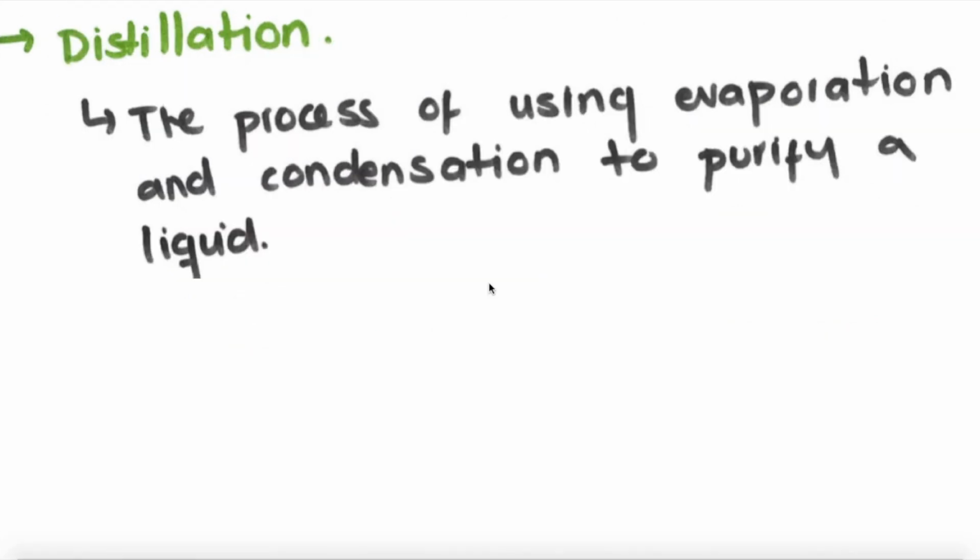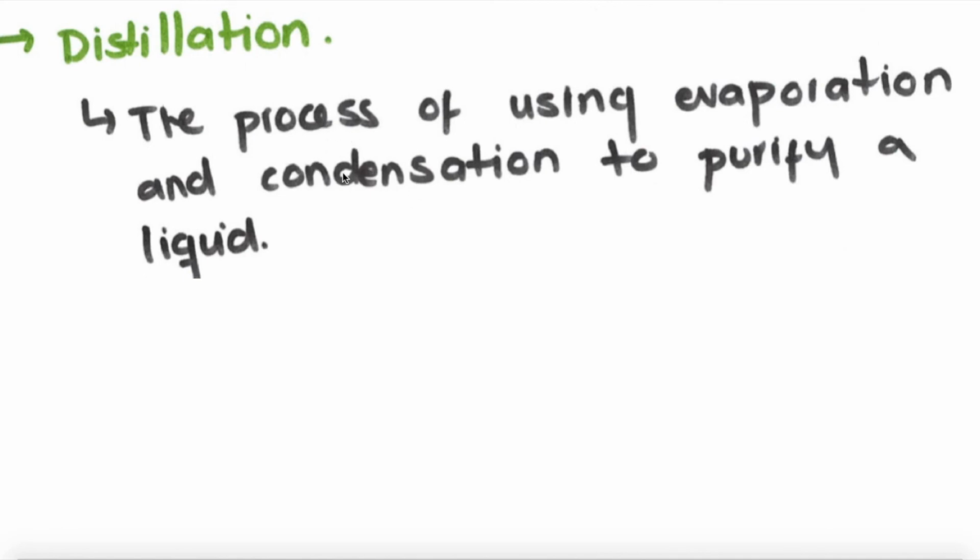The other process that we're going to see today is distillation. Distillation is the process of using evaporation and condensation to purify a liquid. Remember that evaporation is when you have a liquid and it goes into a different state of matter, that is gas. And condensation is the opposite, when we have a gas and it goes into liquid.